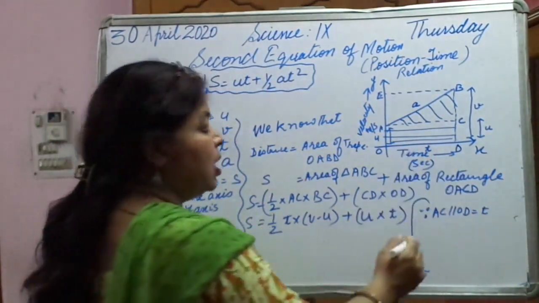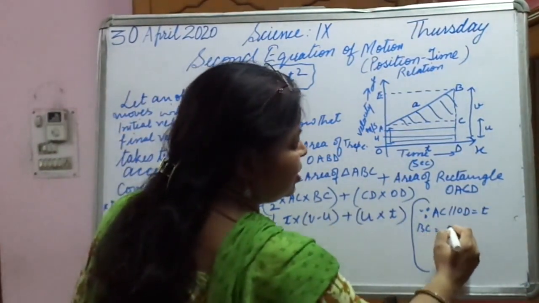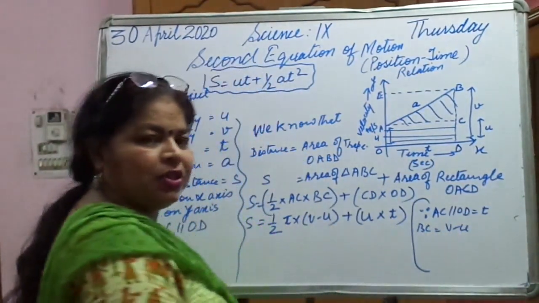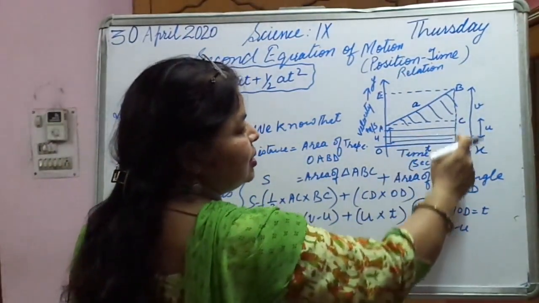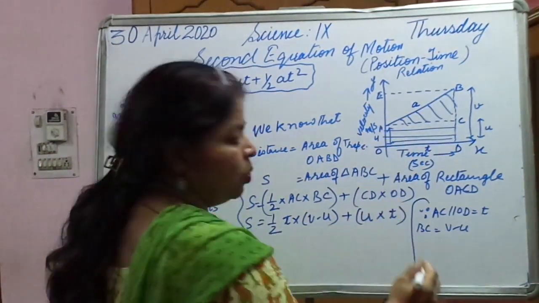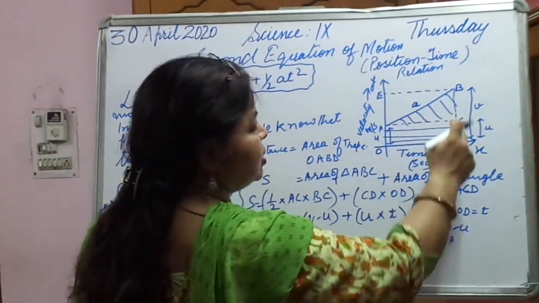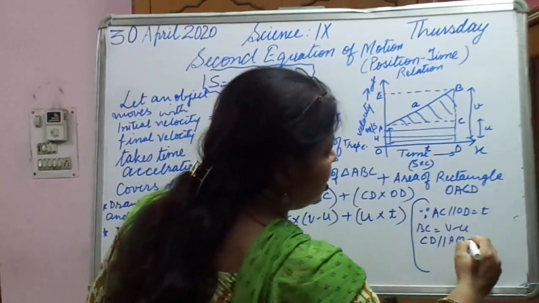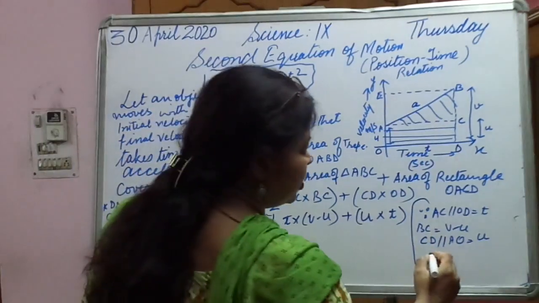It is T. Then next is BC. BC is equal to V minus U from the first equation. Then next is CD. What is CD? CD is parallel to AO. CD, AO is equal to small u. And OD is equal to T.